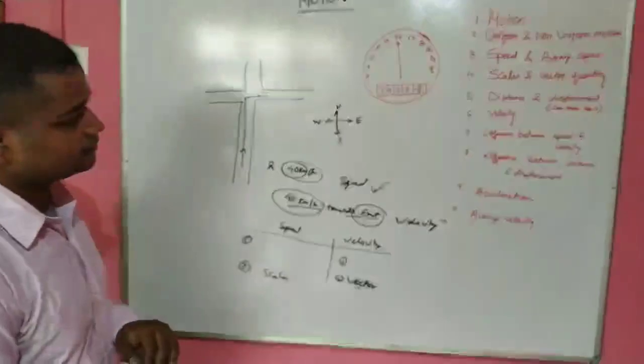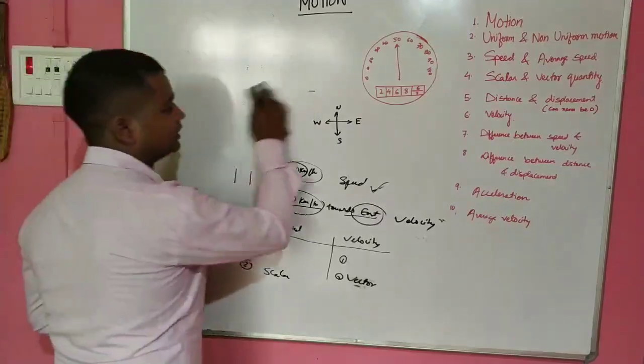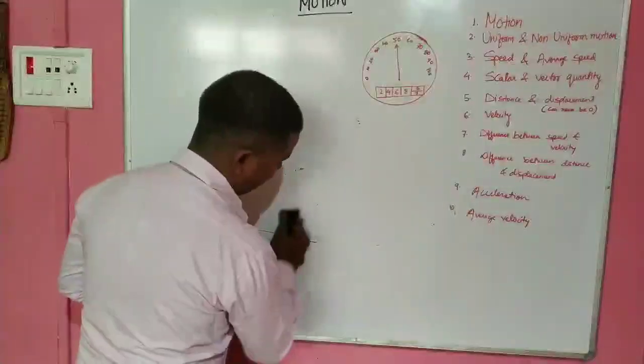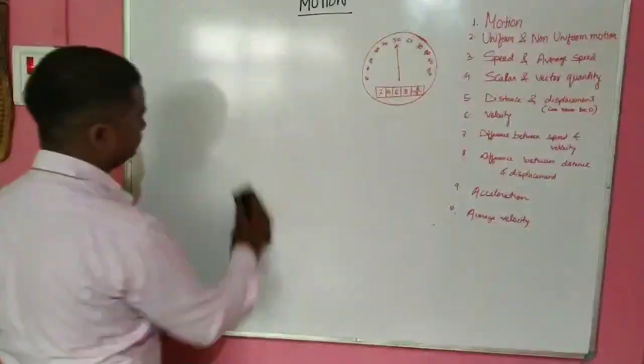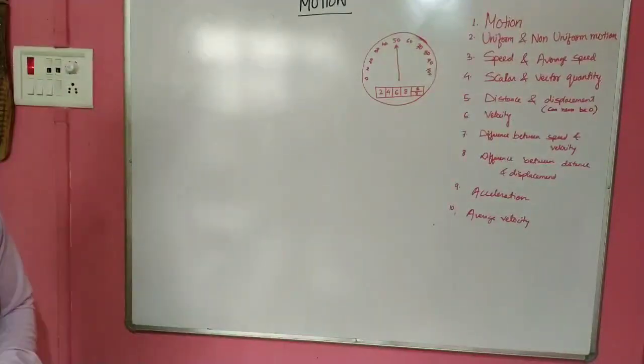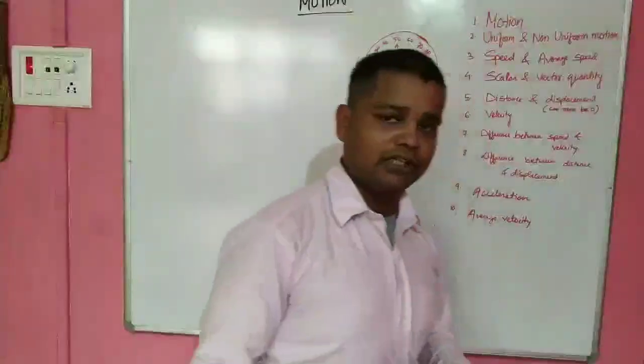Is that clear? Now, what will be the difference between distance and displacement? Let's see, this is also frequently asked in examination. I think we have already discussed what is distance and displacement. Let's see what will be the difference.